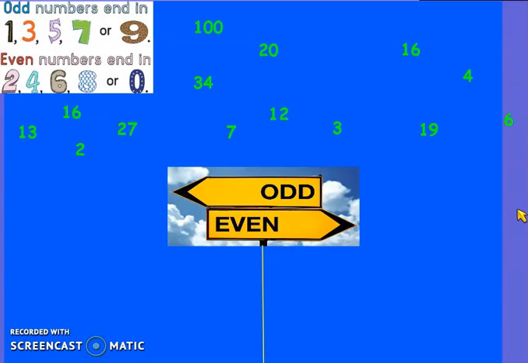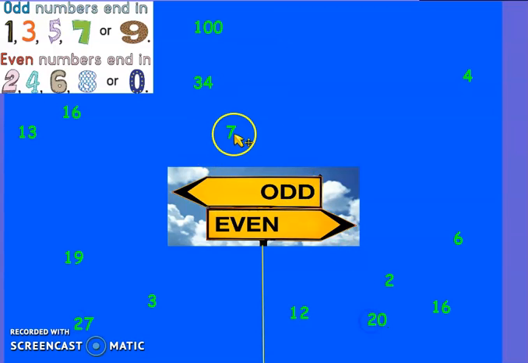Remembering that odd numbers end in 1, 3, 5, 7 or 9 and even numbers end in 2, 4, 6, 8 or 0. 19 is an odd number as it ends in 9, 2 is even, 6 is even, 3 is odd, 12 is even because it ends in 2, 16 is even, 27 is odd, 20 is even, 7 is odd, 13 is odd, 100 is even, 4 is even, 34 is even, and 6 is even.